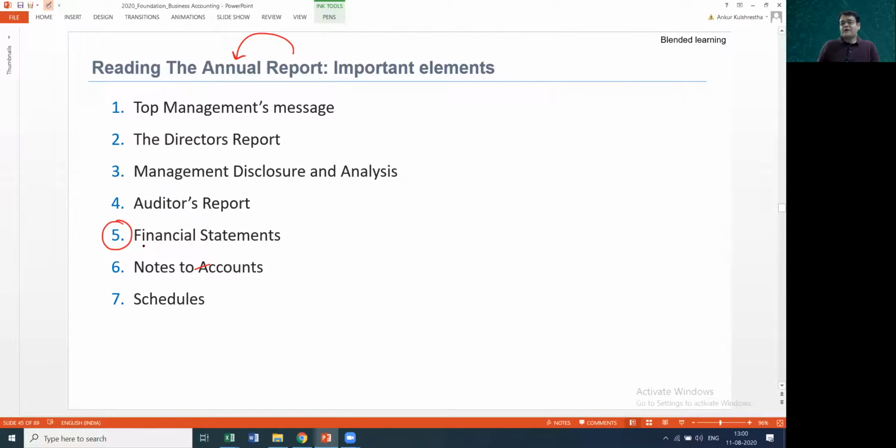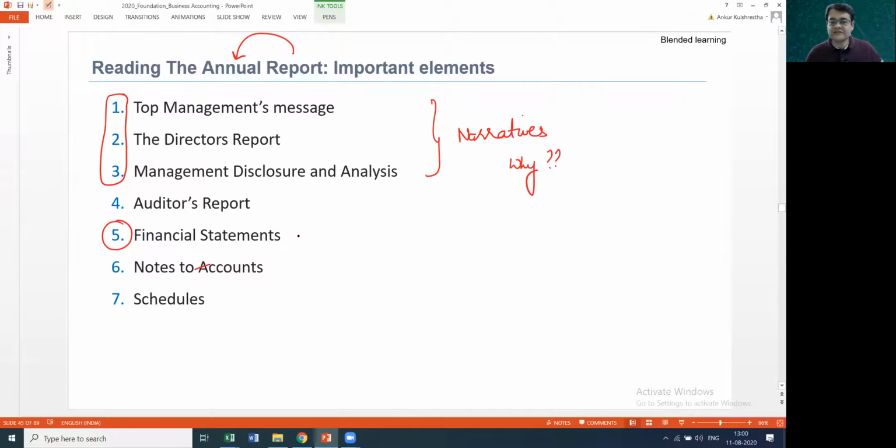But in addition to point number 5, there are some other very, very important things. Look here. First, I want your attention to 1, 2, and 3. These are all narratives, words which describe the why.